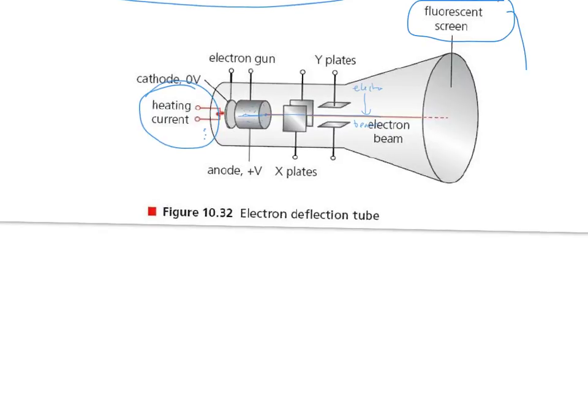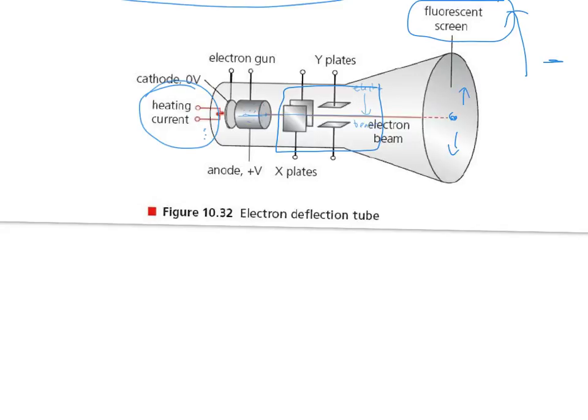Fluorescence is basically a coating that will give off light when a charge hits it. So here you get a little dot, which isn't very useful. What you want is that dot to move. Here is where your plates come into it, because remember, we're talking about parallel plates. So you can get this dot to move.